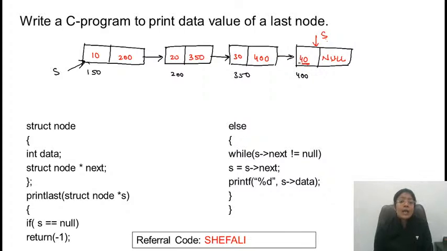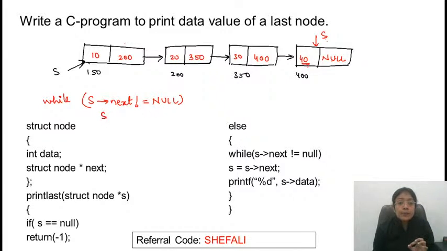So this means that you need to move the pointer. Pointer कब तक move करेगा, जब तक s of next is not equal to null. अगर null आ जाता है then we need to print the data, otherwise simply move this pointer. So while s of next is not equal to null, that means that is not the desired node.